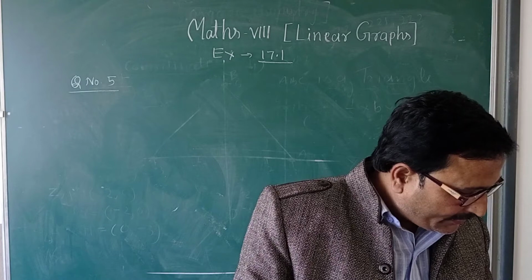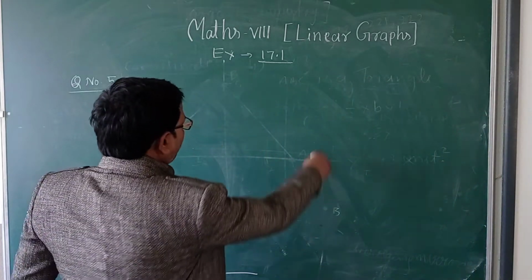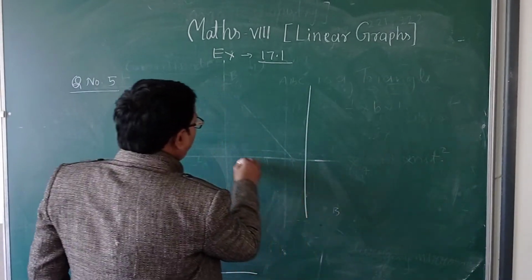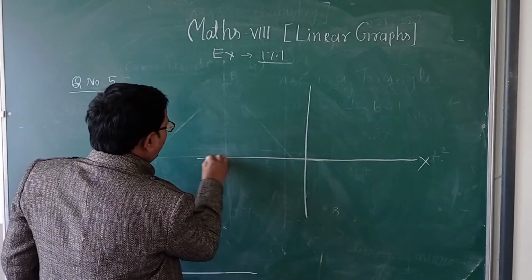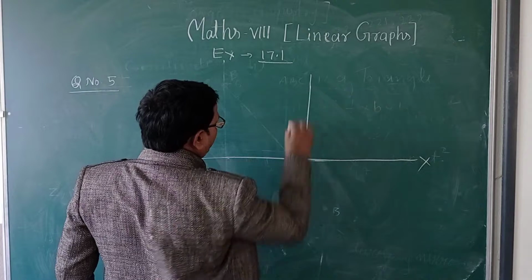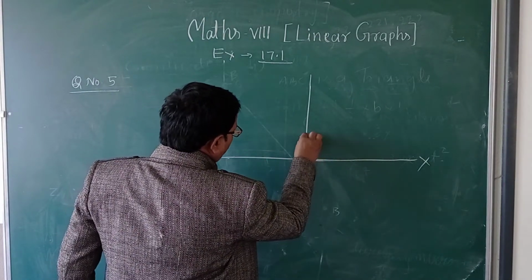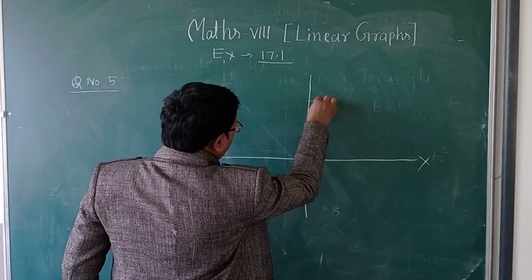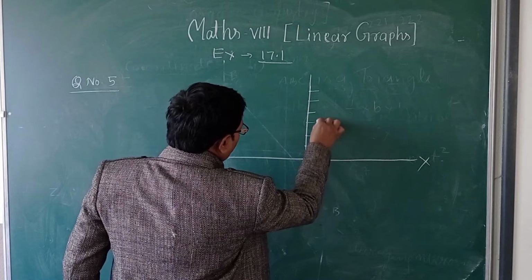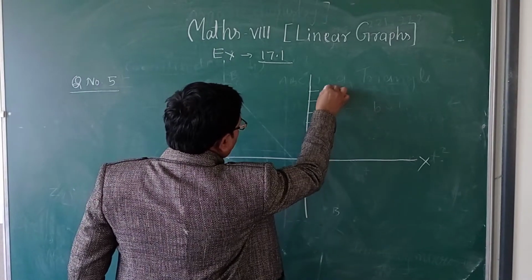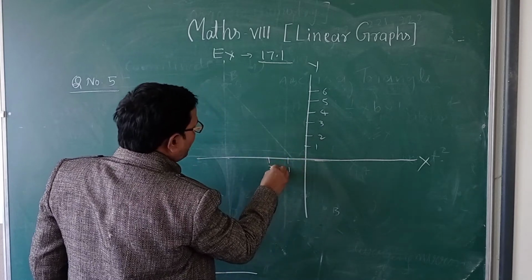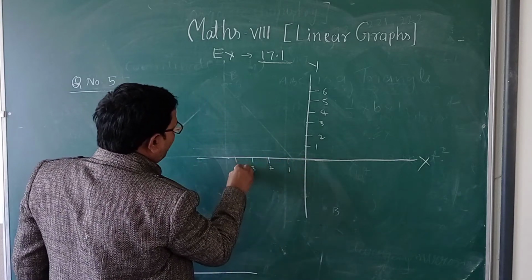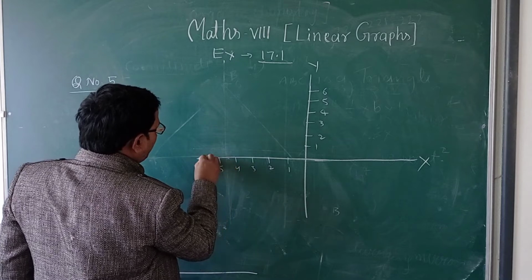Find the coordinates of the vertices. Draw the x-axis and y-axis, marking 1 to 6 on each.